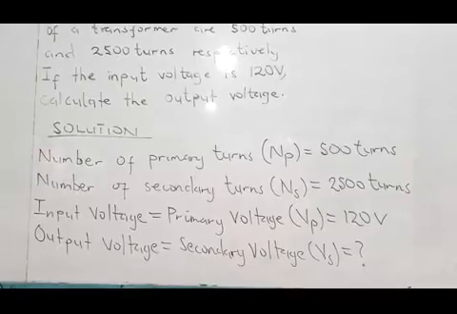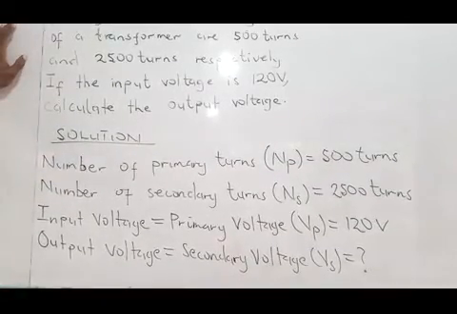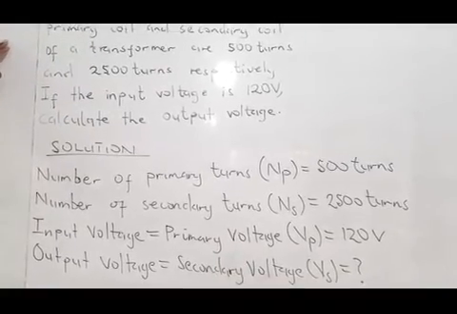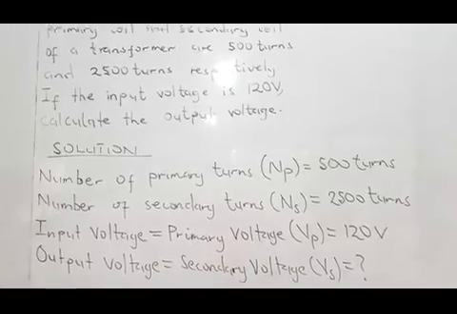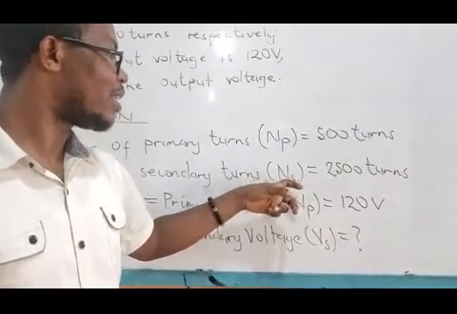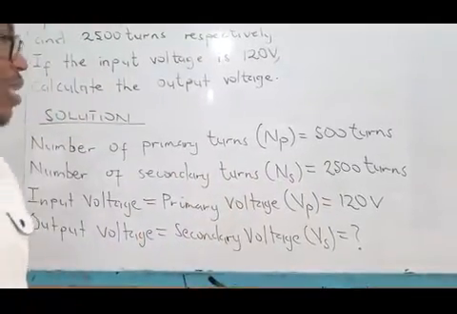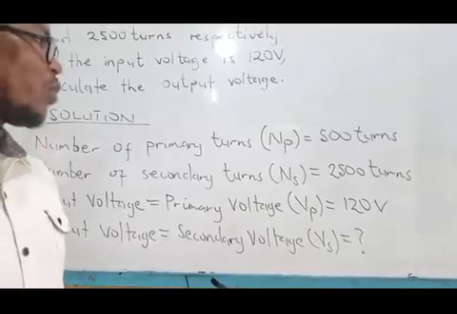From this information, you should be able to determine the type of transformer that is in play, whether it is a step-up transformer or a step-down transformer. If you are comparing the number of turns, the number of turns in the primary is lower than the number of turns in the secondary. So that should tell you that this transformer is a step-up transformer.